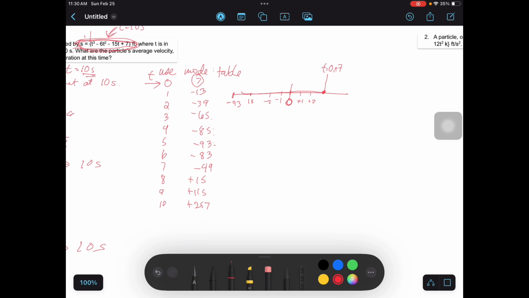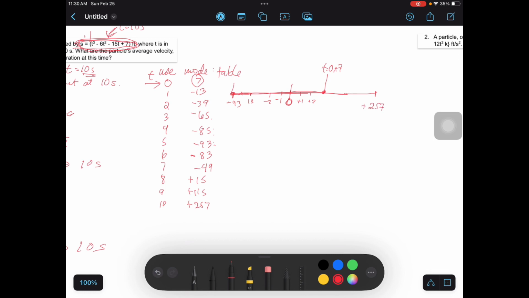Pero, nung 6 seconds, nag-negative 83. Meaning, from negative 93, pabalik na siya. Hindi na siya umusad pa to the left. So, bumalik na siya. Going to the right siya hanggang 8 seconds. Nalagpasan na niya yung 0. Hanggang sa 10 seconds, nandito na siya sa positive 257.